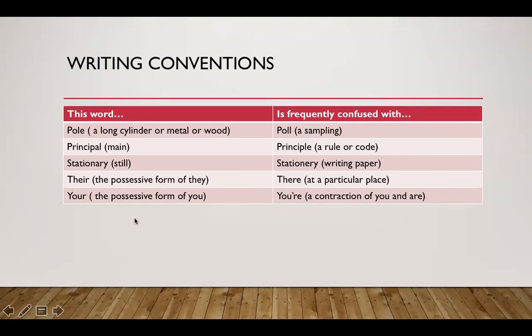It's referring to a place. Your, the possessive form of you, and you're, you apostrophe RE, is actually a contraction of you and are. You're a beautiful, handsome little girl. No, I guess they're not handsome. You're a beautiful, handsome little boy. You are, for you're.